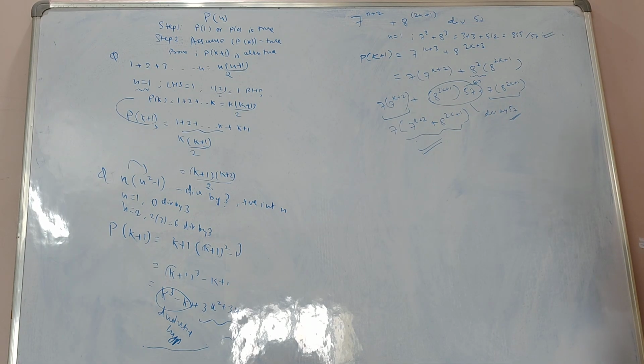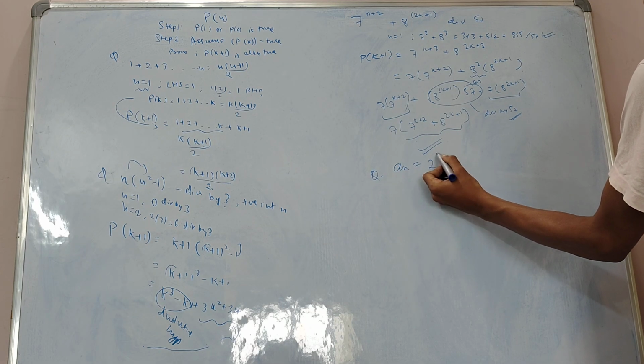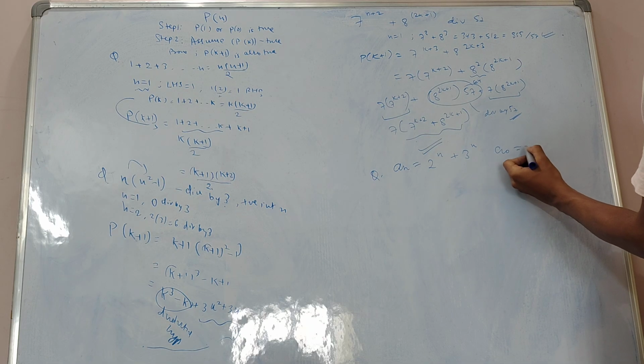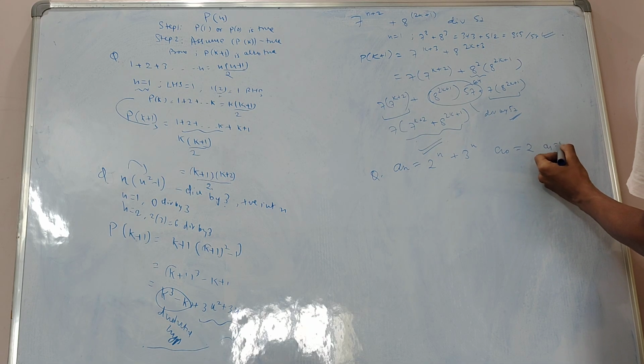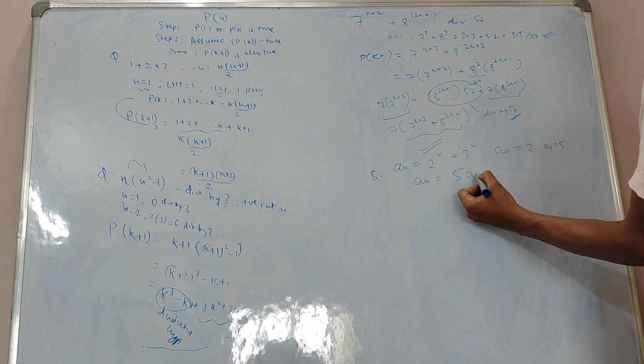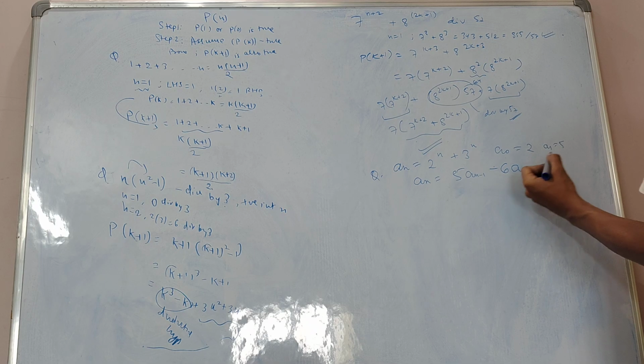Now the next one is a_n equal to 2^n plus 3^n. a_0 is 2, a_1 is 5, given. Now I have to prove a_n is equal to 5a_(n-1) minus 6a_(n-2).